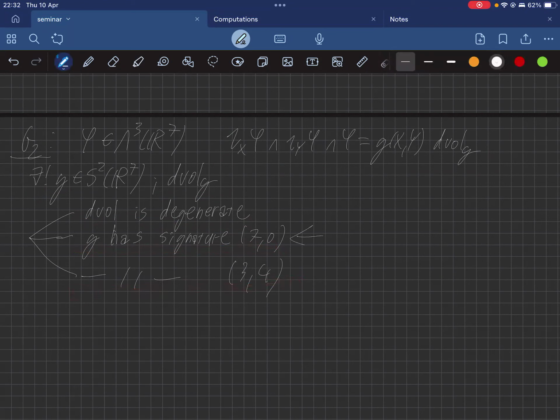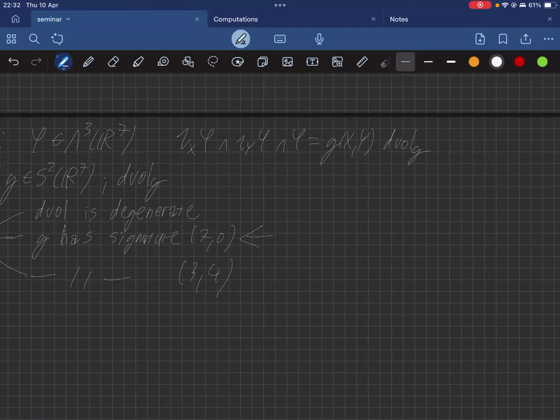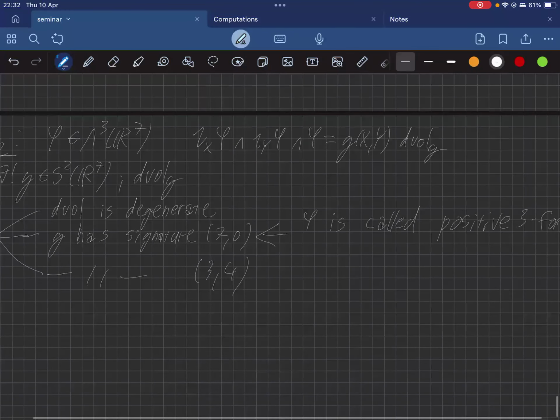And the ones in the middle, the ones that give you a positive definite inner product, are called positive forms. So phi is a positive 3-form if it gives you g with signature (7,0).